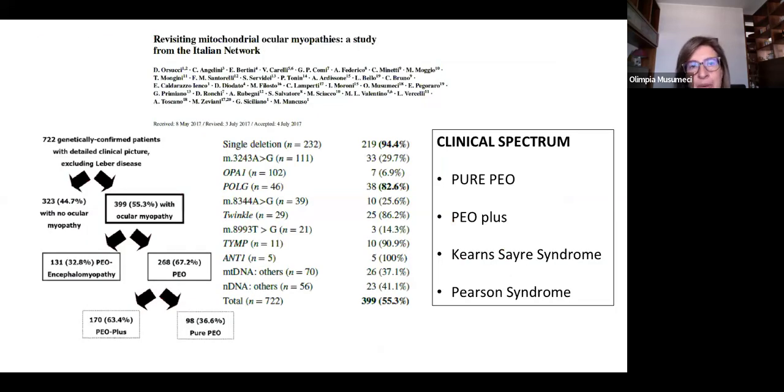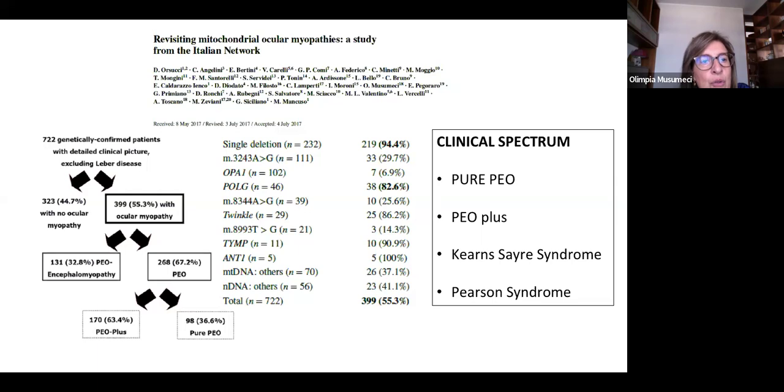In this paper, published a few years ago, coming from a revision from the Italian Network for Mitochondrial Disorders, we distinguished three clinical spectra of PEO: the pure PEO, the PEO plus, where it is associated with other symptoms, and then the classic syndromes also characterized by PEO, which are Kearns-Sayre syndrome and Pearson syndrome.